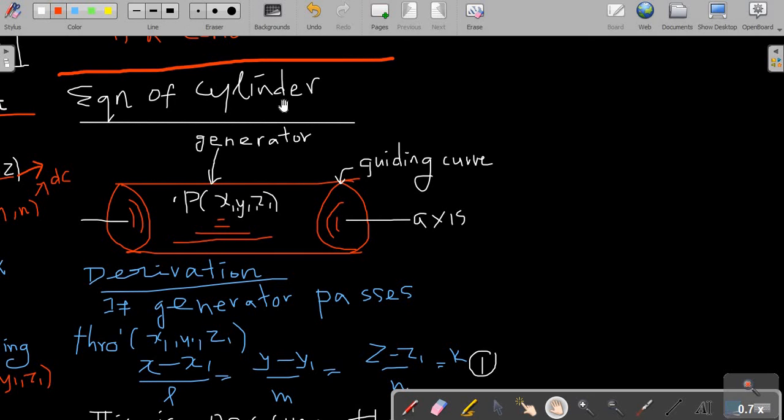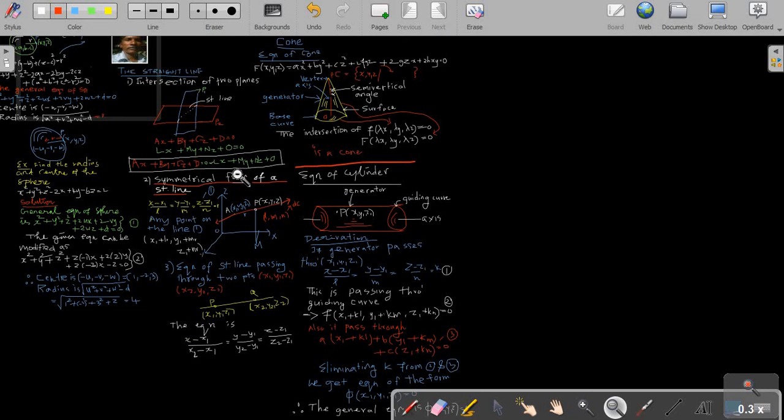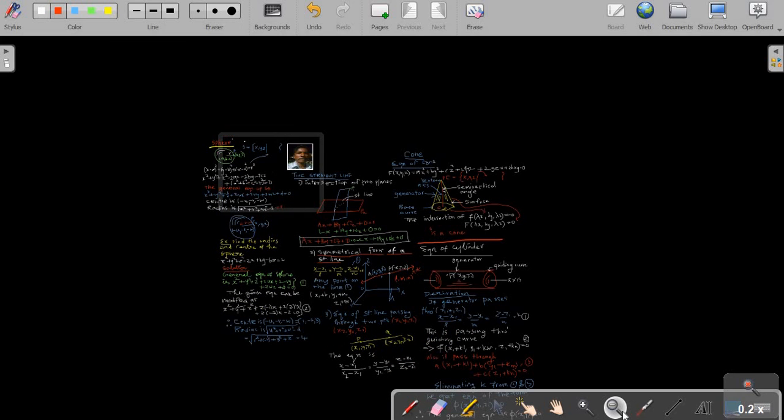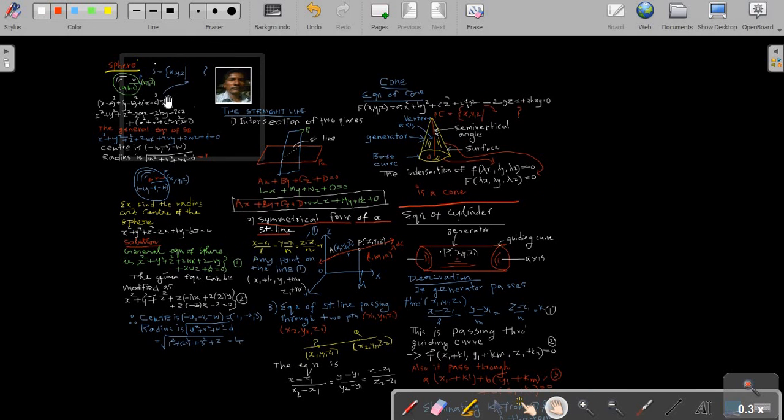Okay, so far we have discussed much on analytical geometry. Am I correct? We discussed a sphere, different equations, and also some problems we did there. Then afterwards, we came to the straight line equation: the intersection of two planes is one form, another one is the symmetrical form, and the third one is the joining of two points.